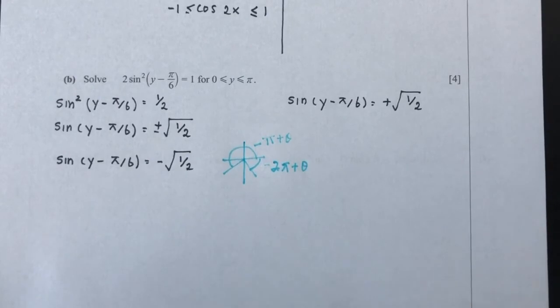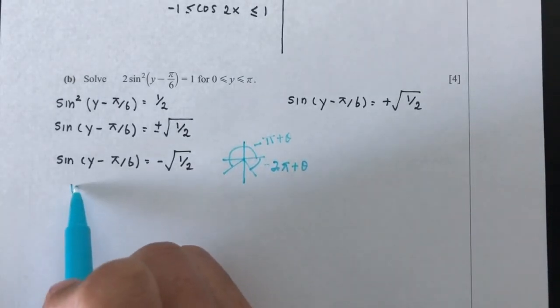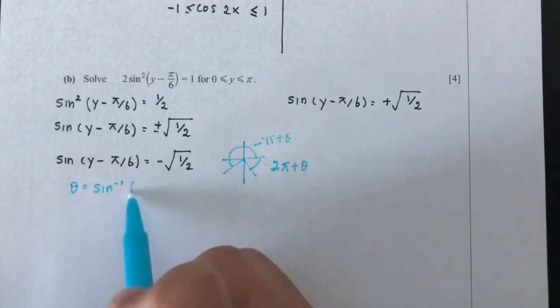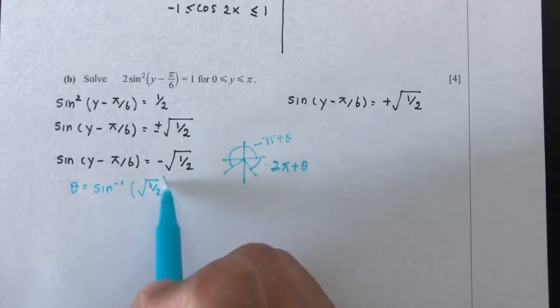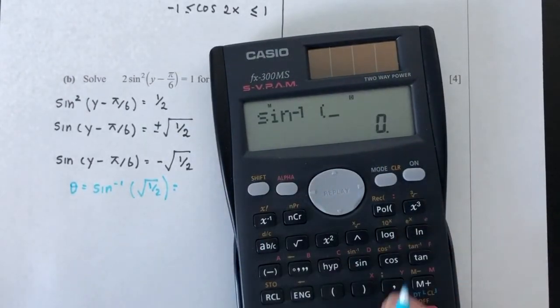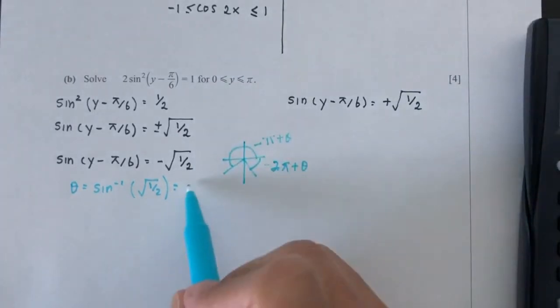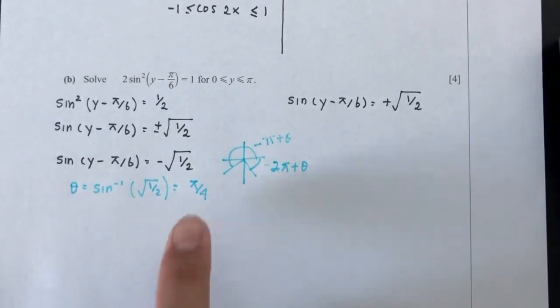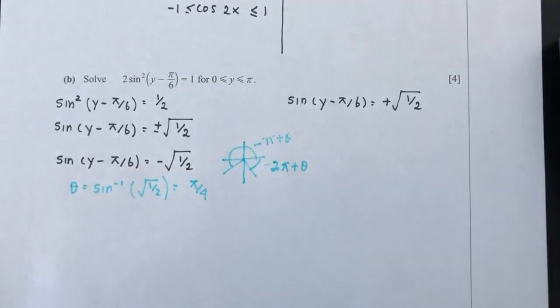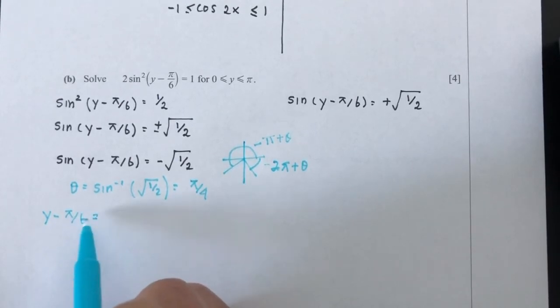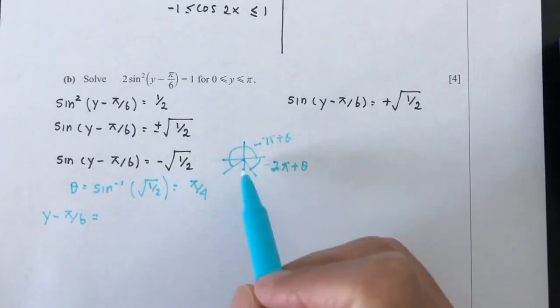Okay, so now to find the value of this angle, whenever it is negative here, I like to use a different method, which is to first find the value of theta, which is not your answer. That will be sine inverse of the positive value of the value here. That will give you, let's see, sine inverse of root 0.5. That will be 45 degrees. 45 degrees is pi by 4. Okay, that is your value of theta, which is not your answer. Your answer for y minus pi by 6 has to be according to the quadrants.